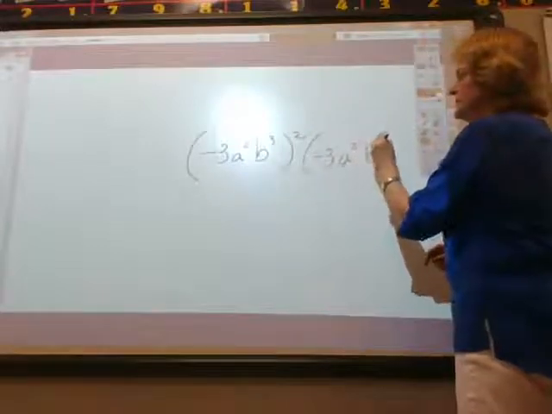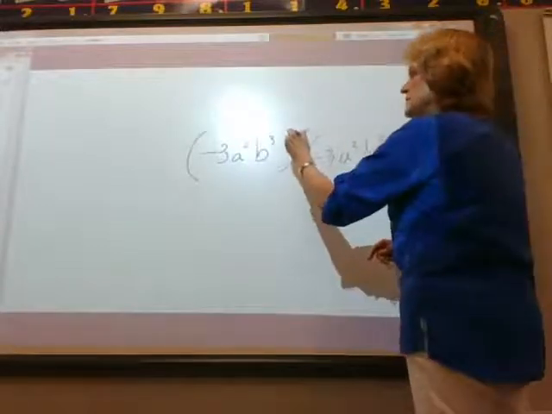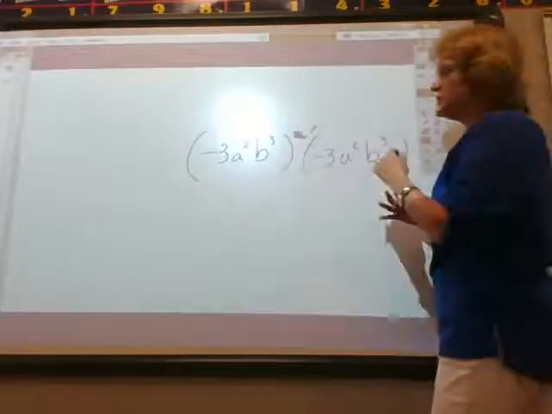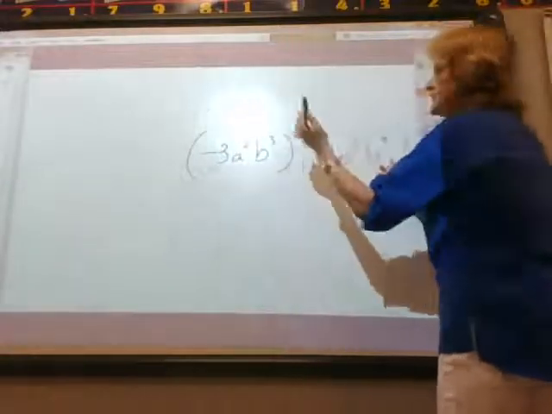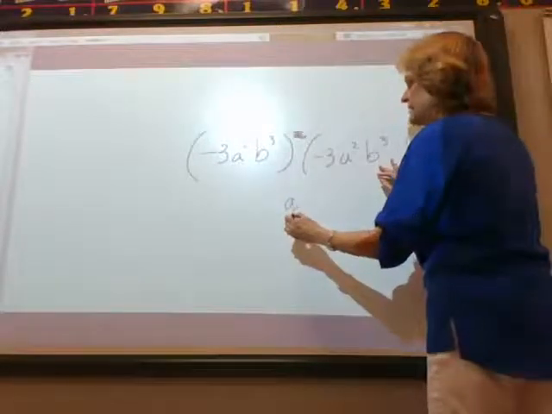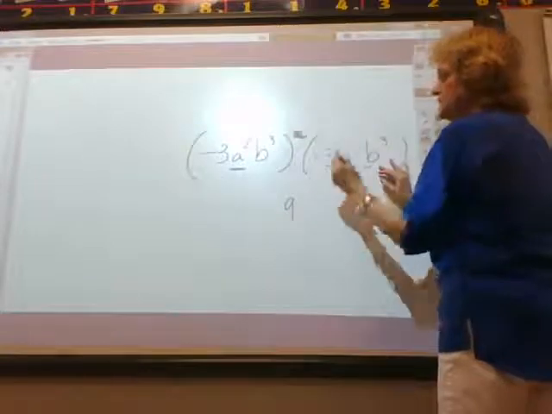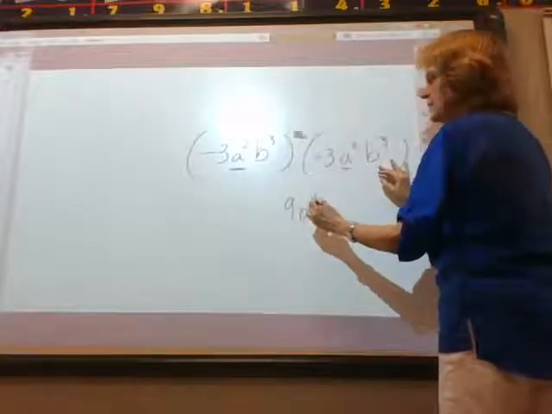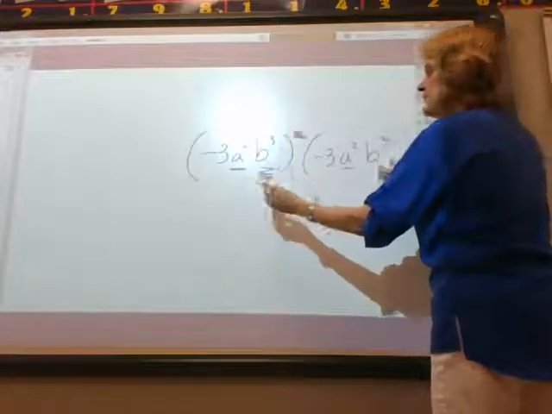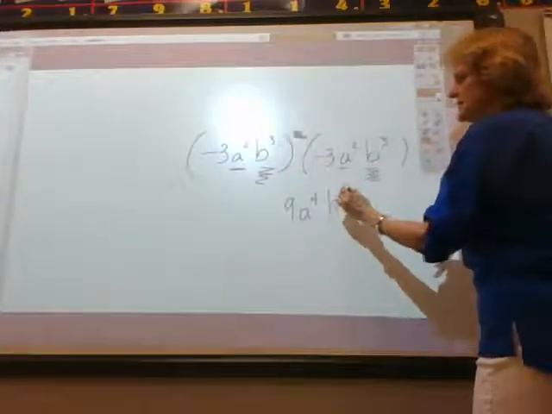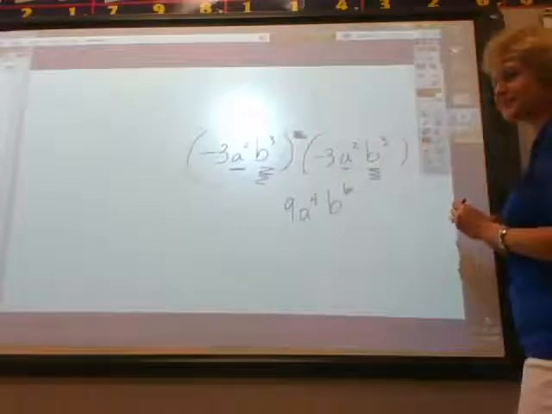Right? Because when something is getting squared, it means it's going to be multiplied out twice, right? Or written twice and then multiplied. So negative 3 times negative 3 is 9. A squared times a squared, 2 plus 2, so a to the 4th. B to the 3rd times b to the 3rd, 3 plus 3 is 6, right?